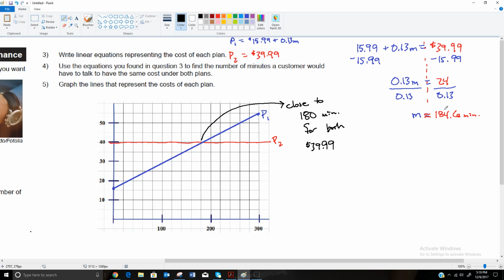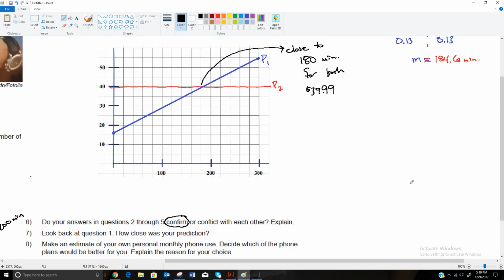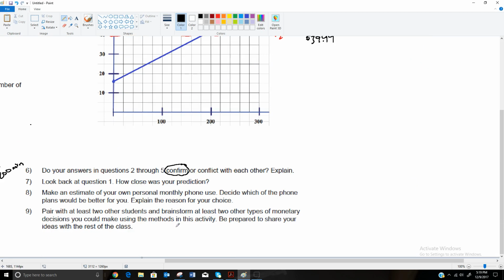Actually, when they charge you, they would probably charge you for 185 minutes, because they usually don't split that by parts of minutes. If you go into a minute, then they charge you for the whole thing.